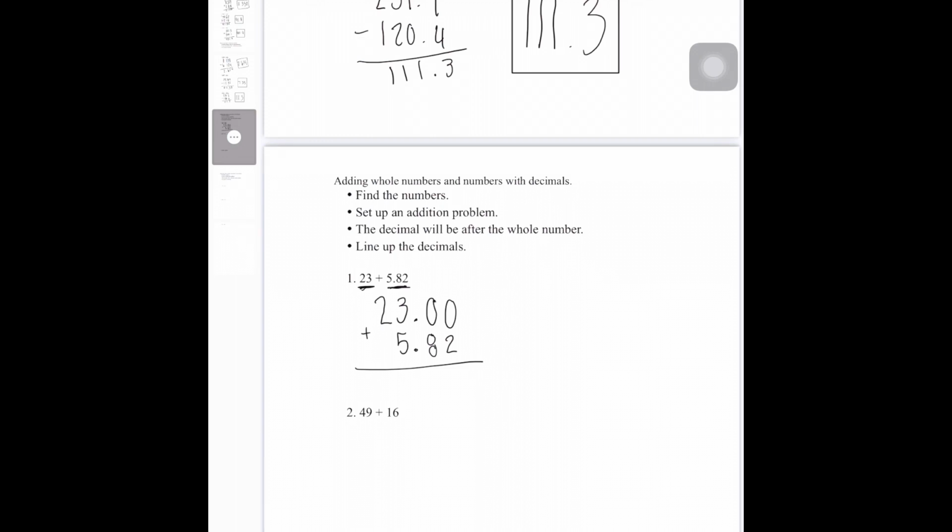So 0 plus 2 is 2. 0 plus 8 will be 8. Bring down your decimal. And then 3 plus 5 is 8. And then you have 2. So the answer is 28 and 82 hundredths.